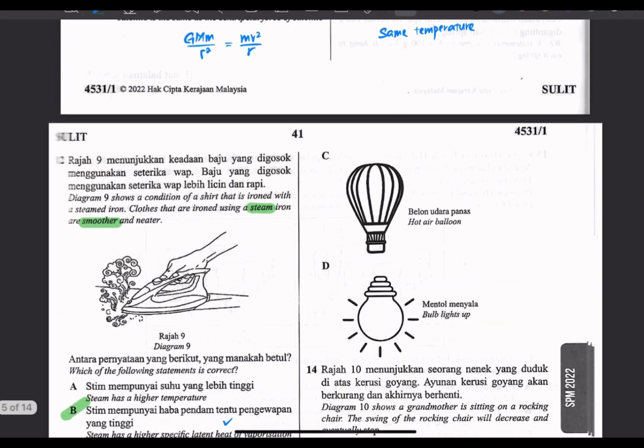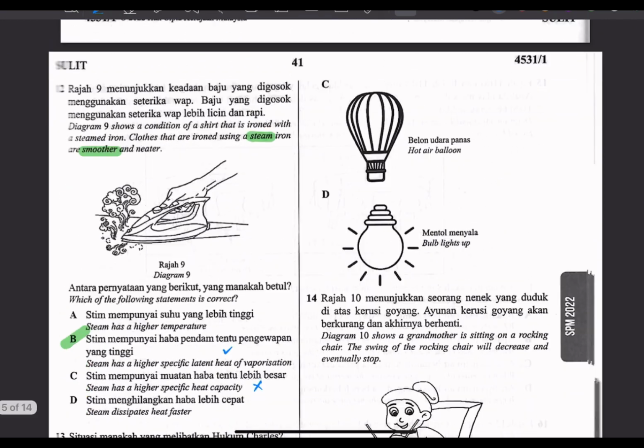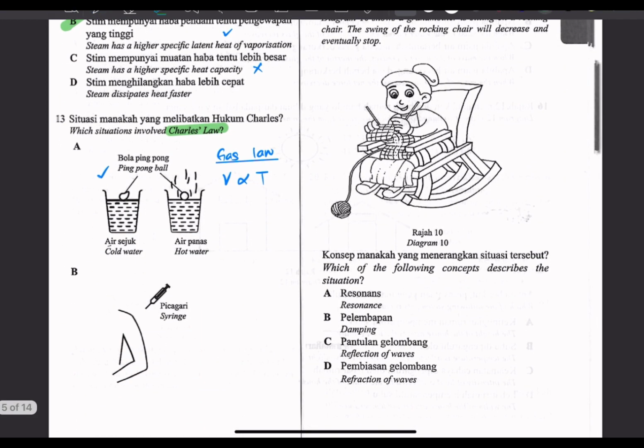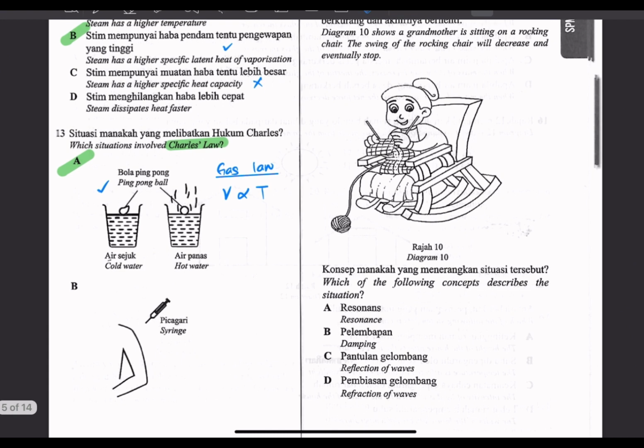Okay, we go through all the answers. Yeah, the answer is A. So hot water: when temperature increases, the volume increases. So the ping pong ball will return to the original shape. This one is the dented ping pong ball.